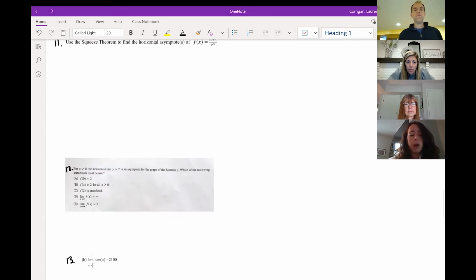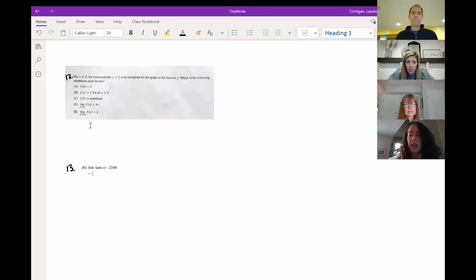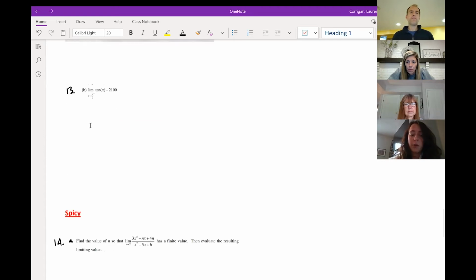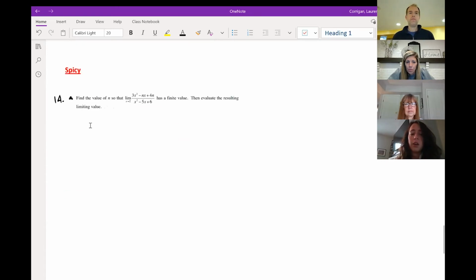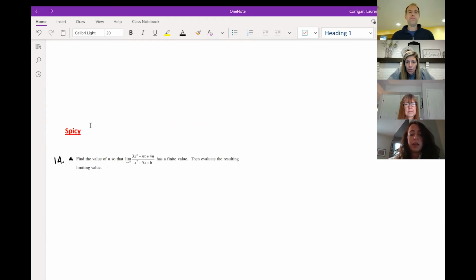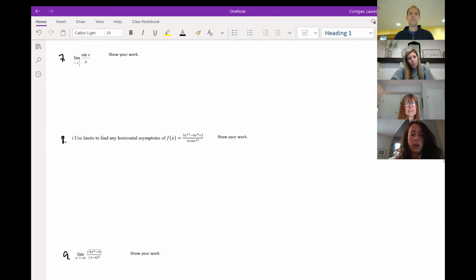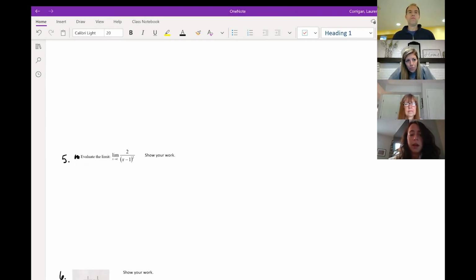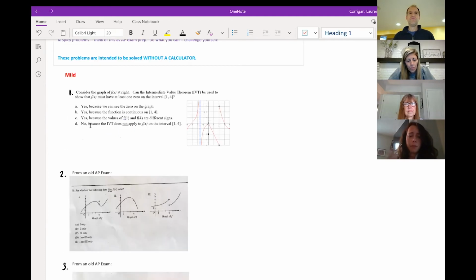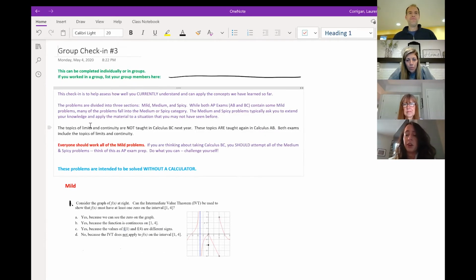If a student is going to be in AP Calc BC next year, then I would expect them to do those, but it also allows a little more differentiation. Students that want or need that challenge are able to tackle these more difficult problems, and as long as students are able to complete the mild, they're in good shape for completing this year. So that's something that we've done a little differently.